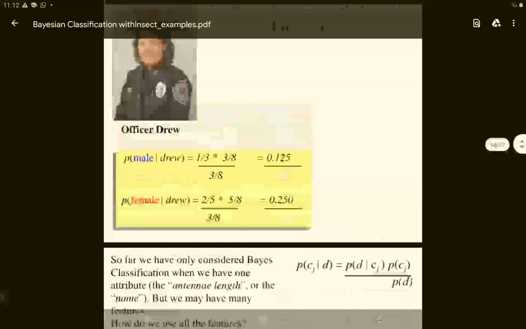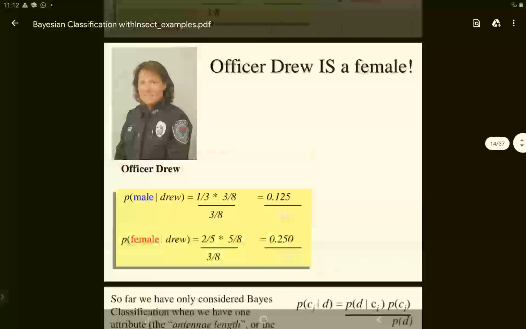I hope everyone agrees that the value which is minimum tells us which class the particular officer comes under, whether in this training data set it is male or female. I hope everyone is clear on this point.